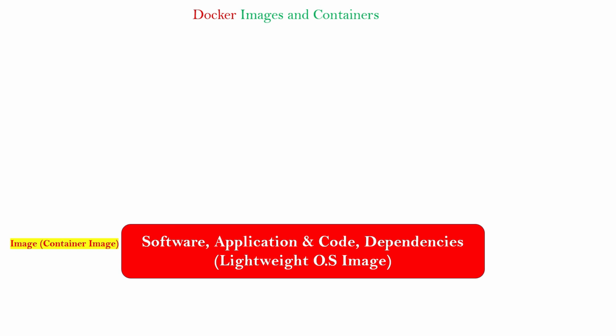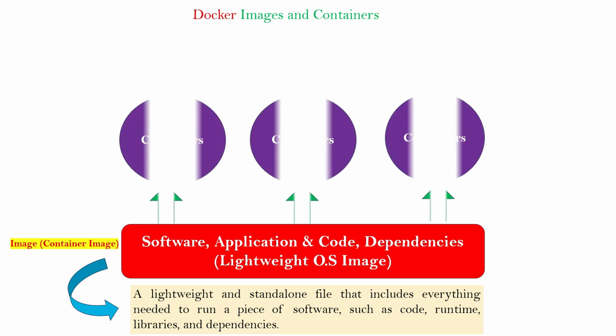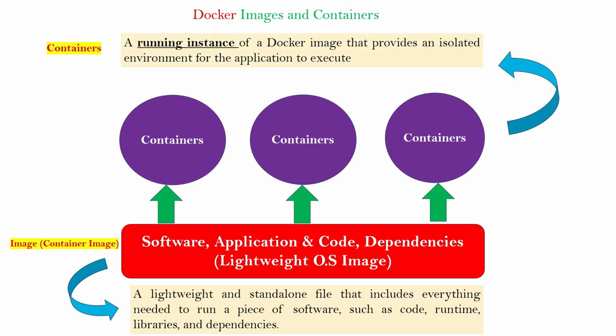A container image is a lightweight and standalone file that includes everything needed to run a piece of software, such as code, runtime, libraries, and dependencies. And using that image, we can spin up multiple containers. Containers are the running instances of the Docker image. You can also say it is a process of your applications.